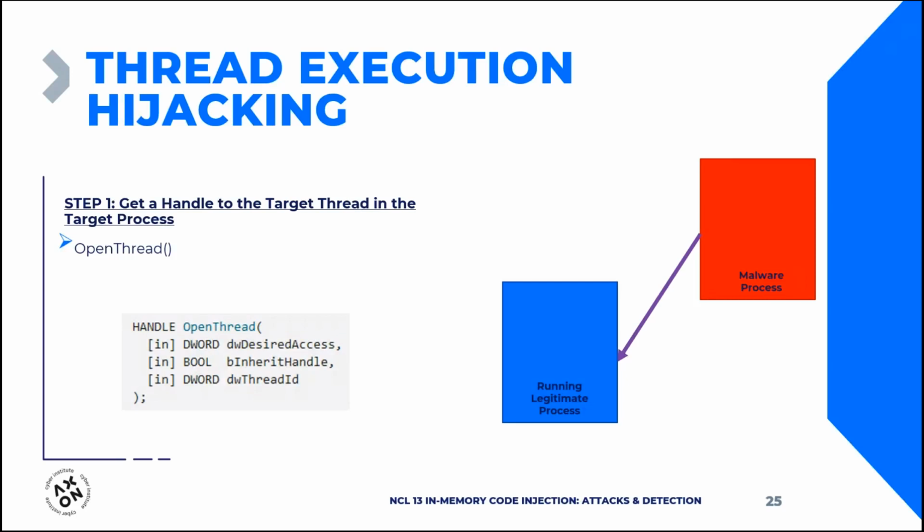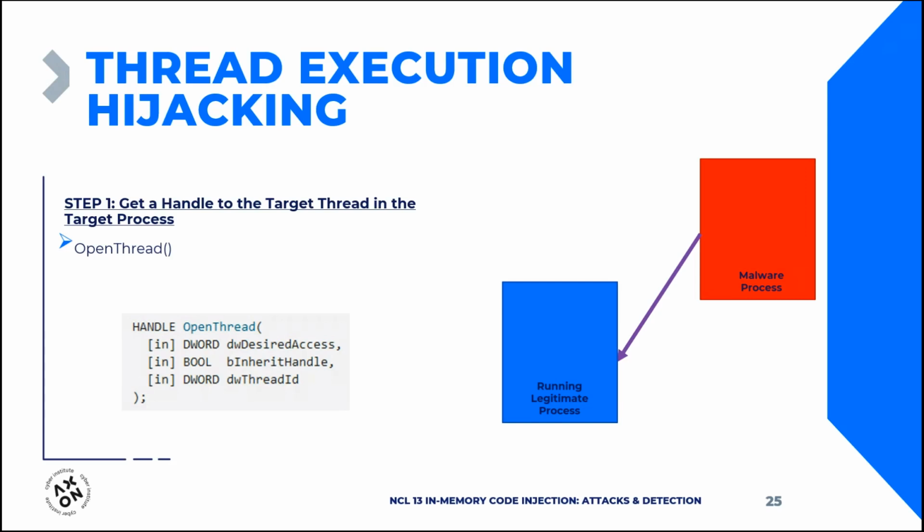While in the classic DLL injection and PE injection, I did not connect to any thread. I simply created memory inside the process using virtual alloc, without messing around with any thread that's already running. While in process hollowing and thread execution hijacking, I am messing around with the main thread.